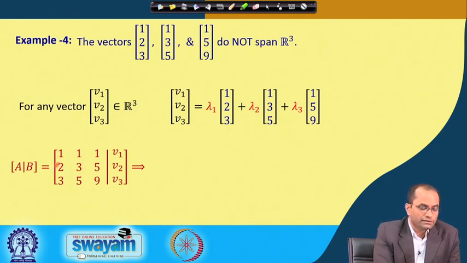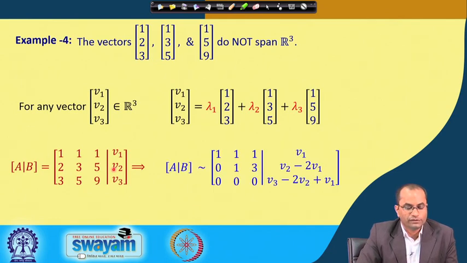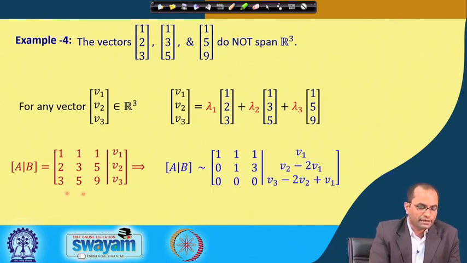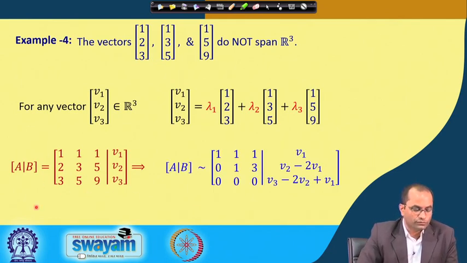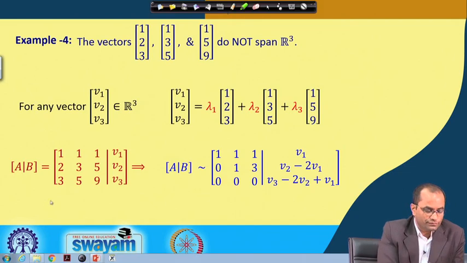So, we can make this 0 by multiplying this row by 2 and then subtracting here. So, 0, and then we will get here 1 and then here we will get 3 and then v2 minus 2 v1. Just to give you the idea, the first row we have this one, the second one, the 2 times of this we will subtract.